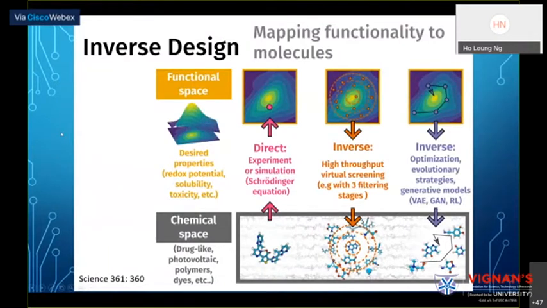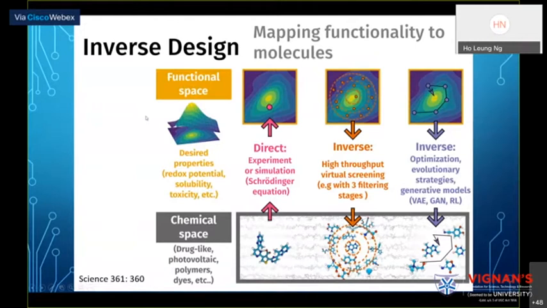Now we will move to the second application of AI to drug discovery, which is using generative AI modeling. This ties in to the bigger topic of inverse design. Inverse design means that we're first thinking about functional space.